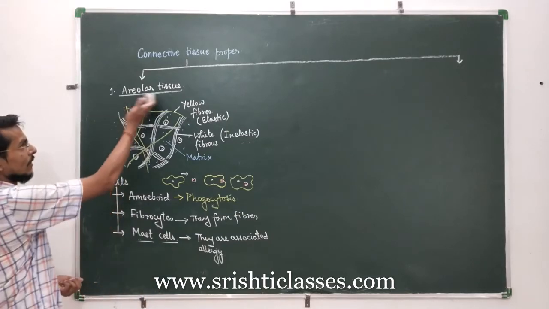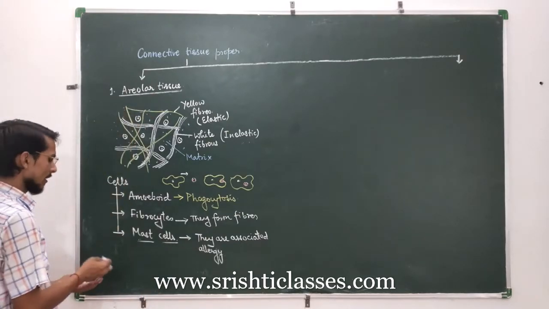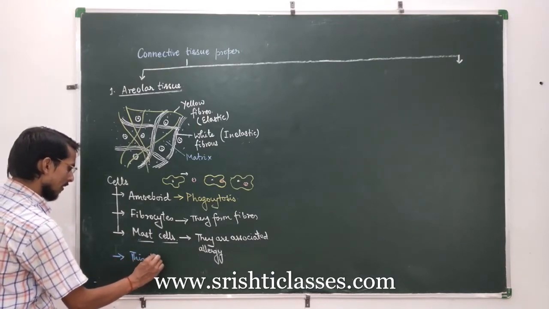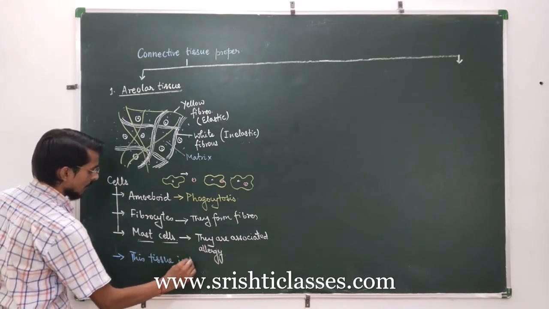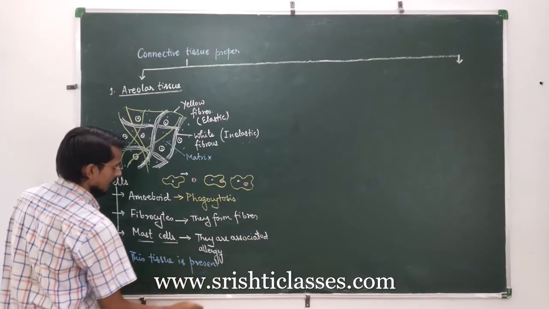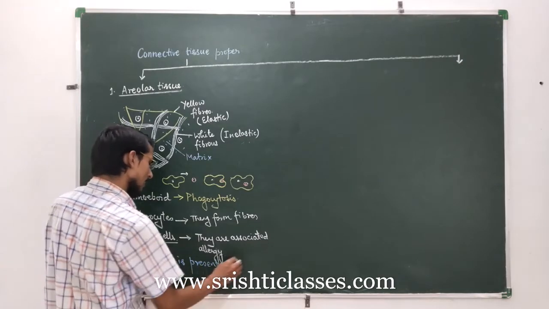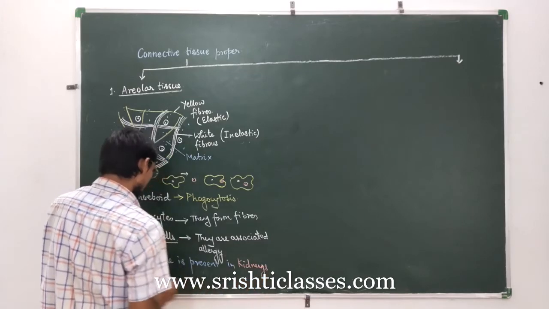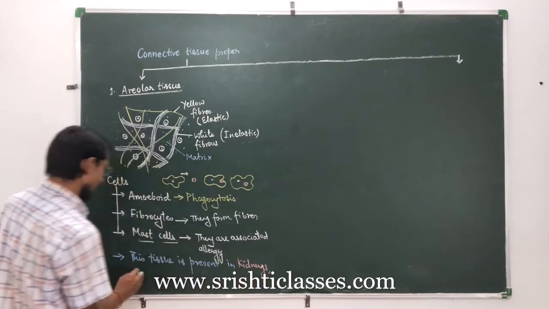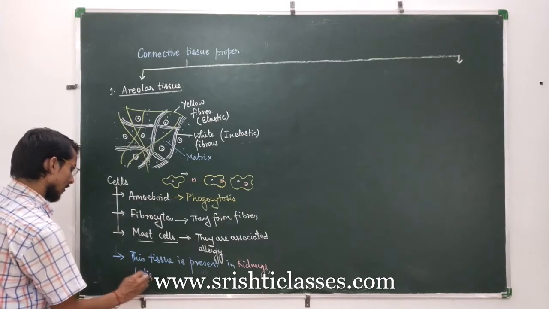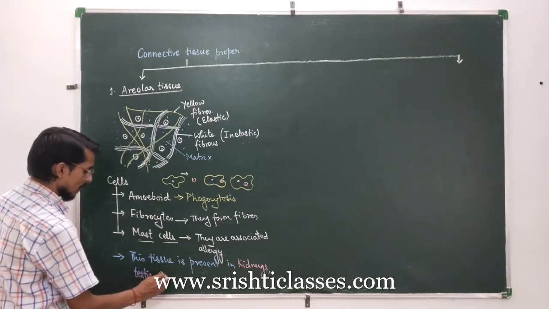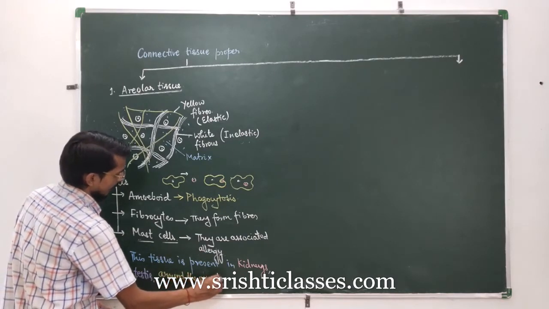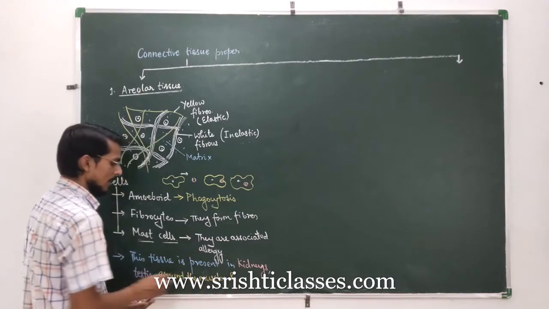Now where is this areolar tissue present? This tissue is present in kidneys, testes, around the muscles and below the skin.